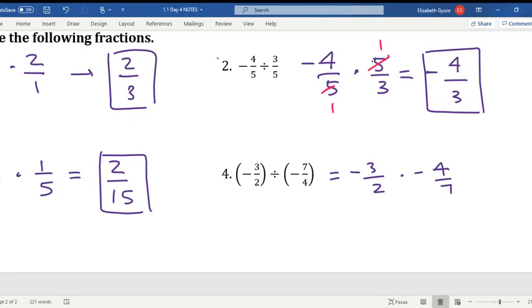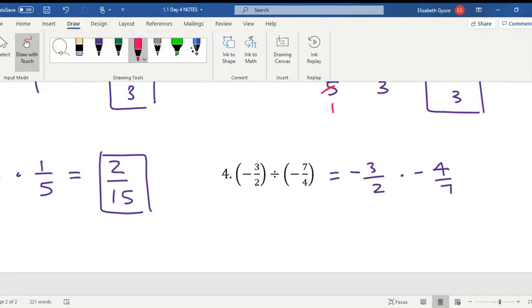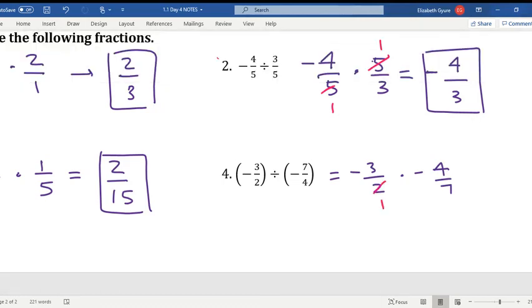Is there anybody that we can cross reduce? Yep, the 4 and the 2. What goes into both 4 and 2? 2. 2 divided by 2 is 1. 4 divided by 2 is 2. And again, so like something like this, Asia, I remember you asked about the negatives before. Don't touch them. Just leave them there, right? And treat the negatives as a separate part of the problem, okay?